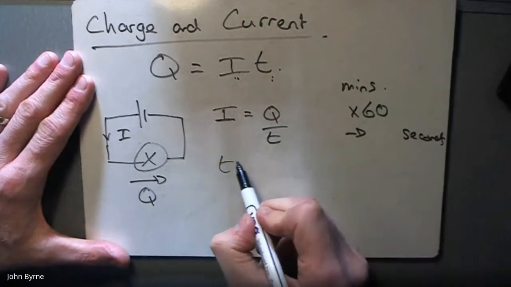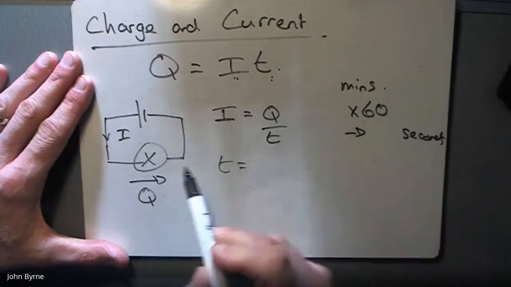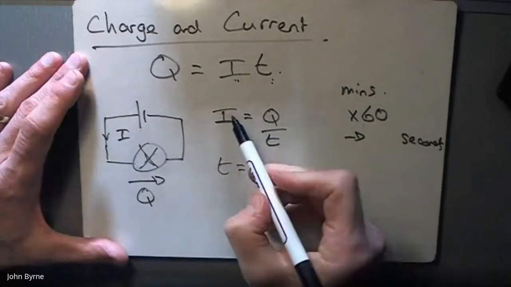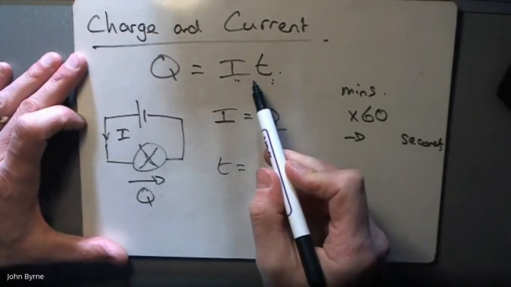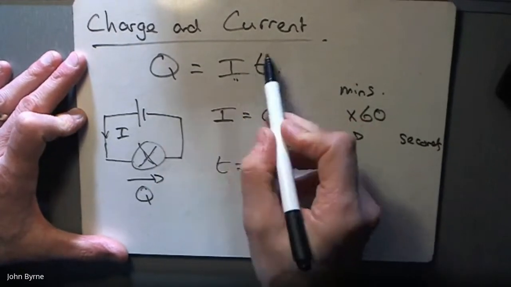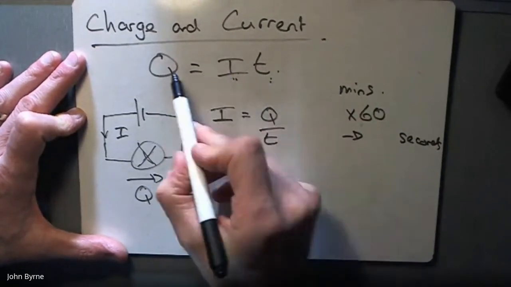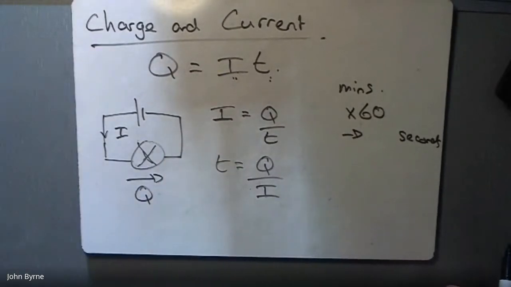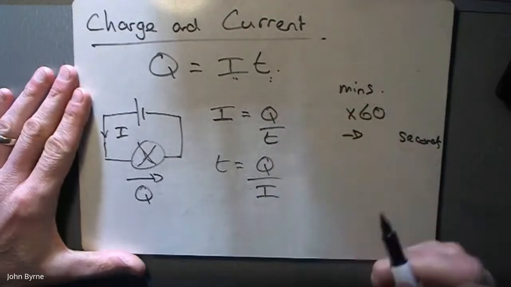If we wanted to work out how long it takes a certain amount of charge to flow through a bulb, knowing the current, then we divide both sides by I. So Q cancels on this side, gets t on its own, and it'd be Q over I. It depends on the question, but that's how we'd rearrange those formulas.